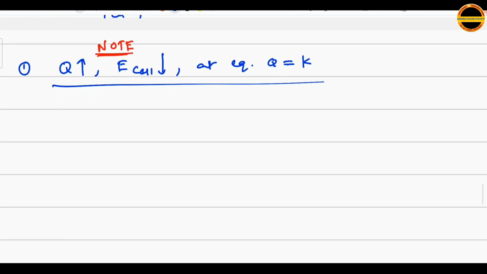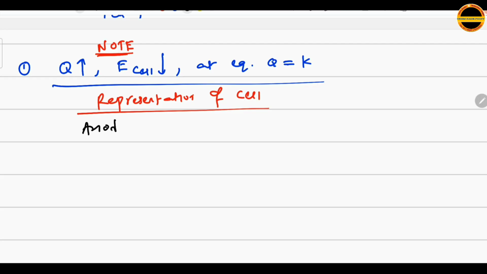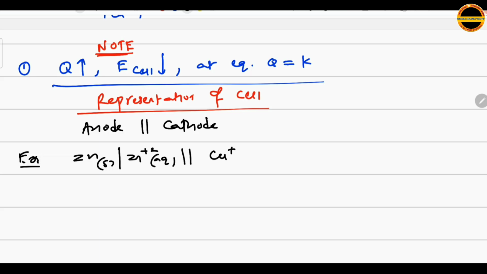How to represent the cell here? See, the representation of the cell. Every time, first we show the anode, then the salt bridge with a double line, then followed by the cathode. For example, Zn solid, Zn2+ aqueous solution, salt bridge, Cu2+ aqueous solution, then Cu solid.